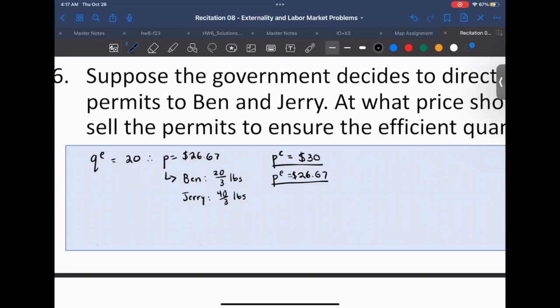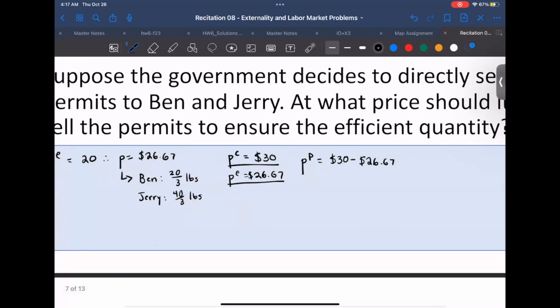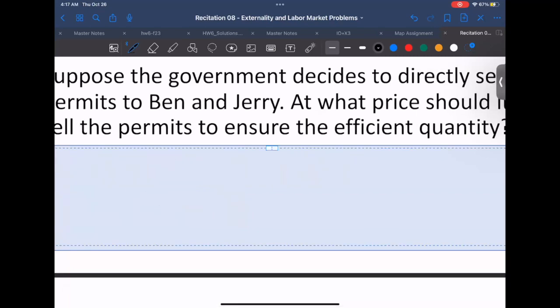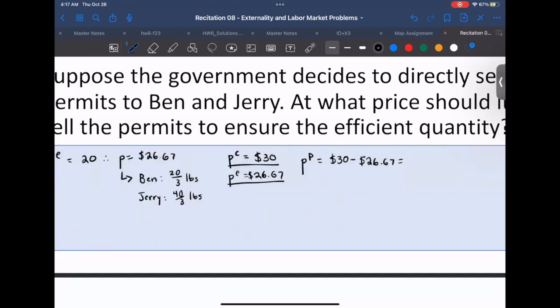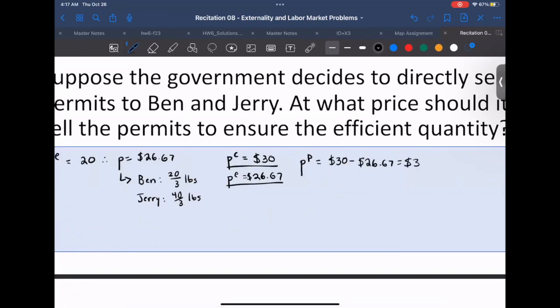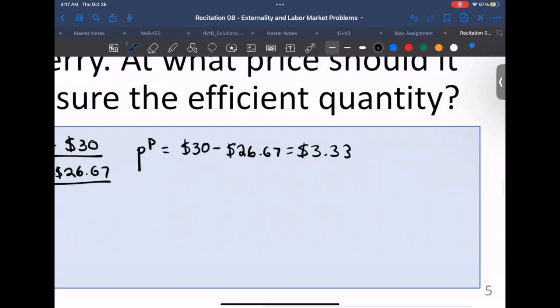So the price of the permit, let's call that PP, kind of funny, PP is going to be $30 minus $26.67, for a total of $3.33.